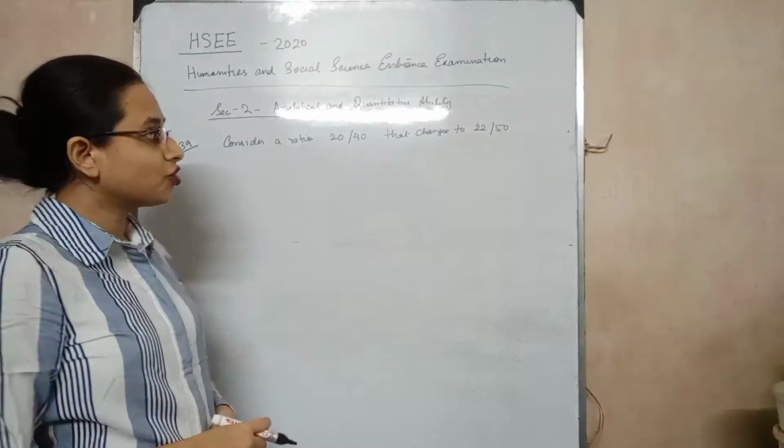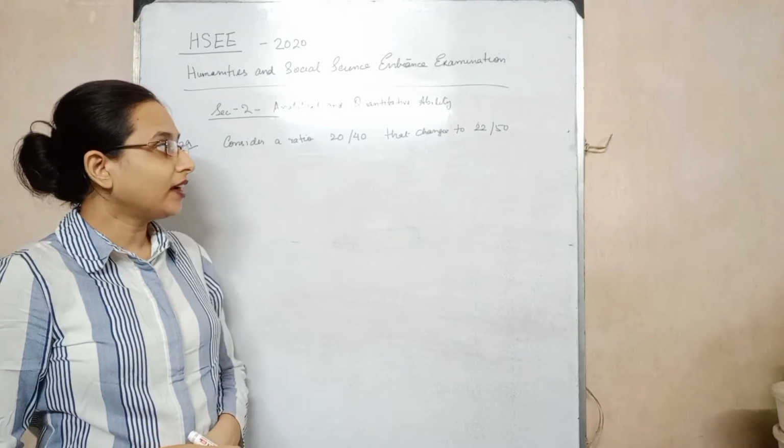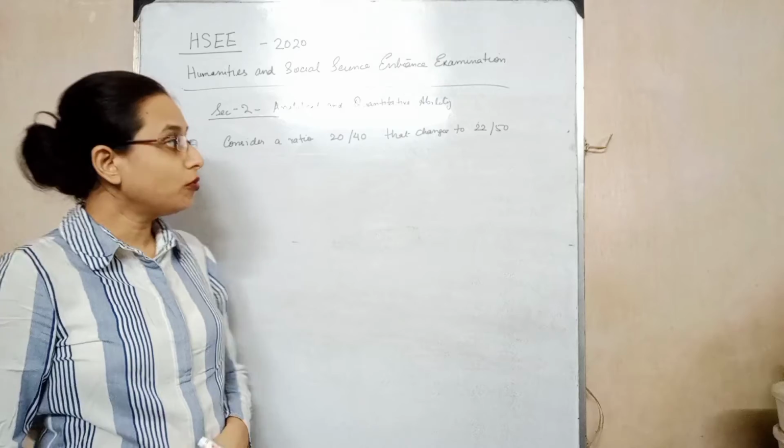Okay, consider a ratio 20/40 that changes to 22/50.